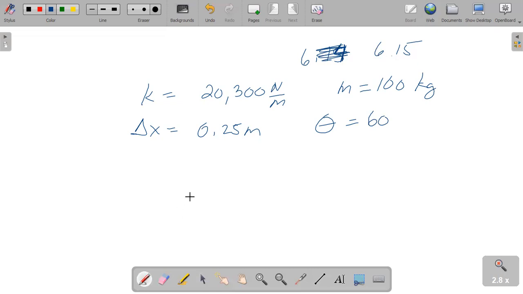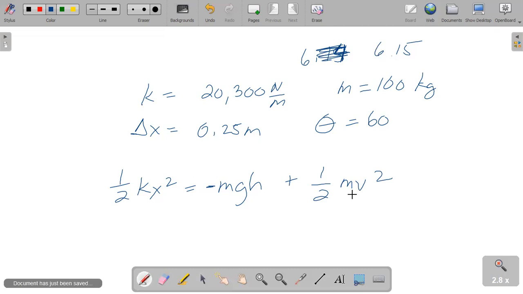All right, so we have 1/2 kx squared equals mgh. Oh wait a minute, that's going to be a negative because it's going back up. It's going to take energy to move the kangaroo back up to that original position, plus 1/2 mv squared. So this gives it energy, that takes the energy, and then we'll have energy left over.